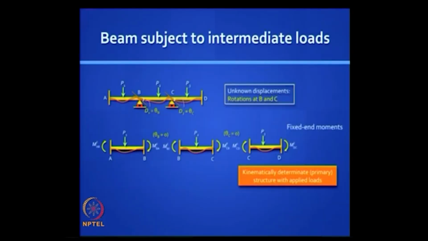So we arrest it. The moment you have arrested those rotations at B and C, there is no interaction between those three beams anymore, right? You can actually separate them out and look at them independently, and you are supposed to know everything about kinematically determinate structures. So you must know the fixed end moments, and we know how to do that.